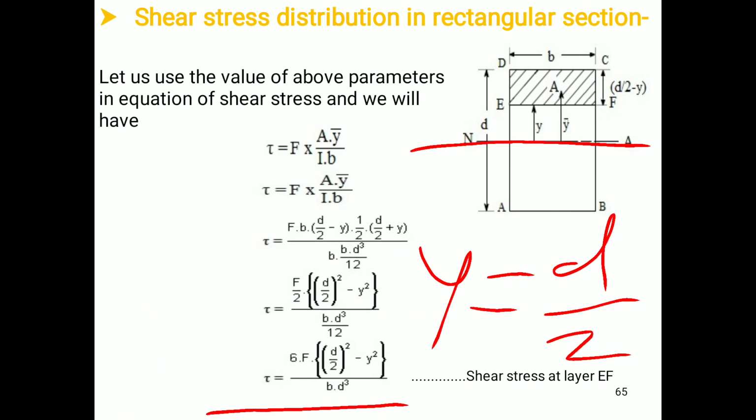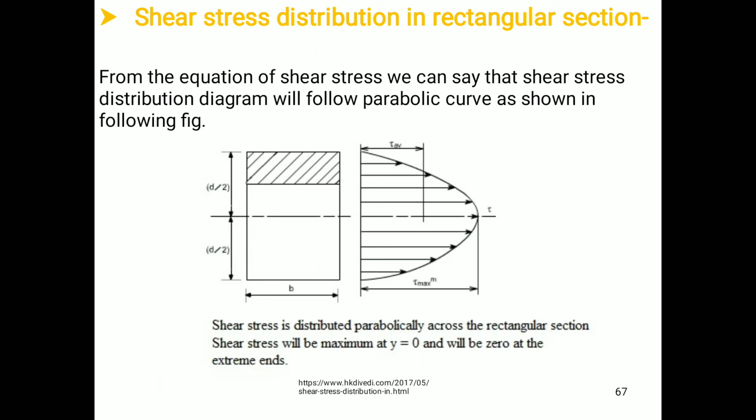And from this equation you can see that we have y square over here. Again, as the shear stress is a function of y, and as the power of y is 2, the shear stress variation will be parabolic in nature.